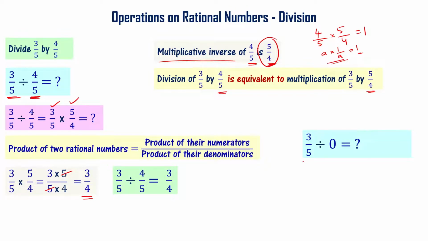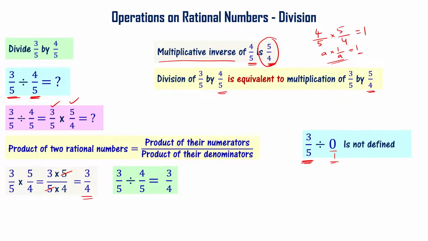Divide 3 by 5 with 0. 0 is a rational number, right? I'm dividing a rational number 3 by 5 with 0. Since the value of this particular division is not defined, we don't know what number you are going to get in this case, right?